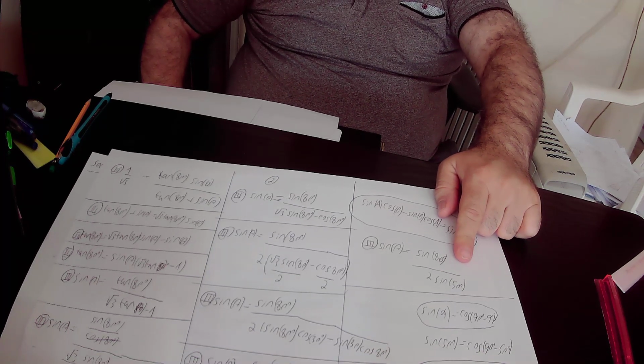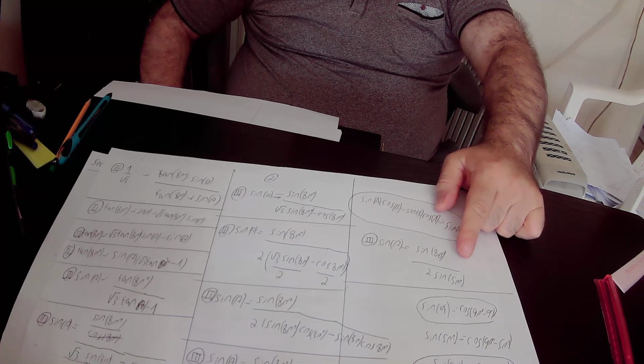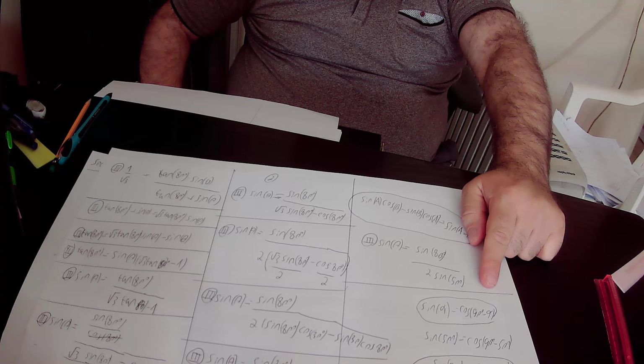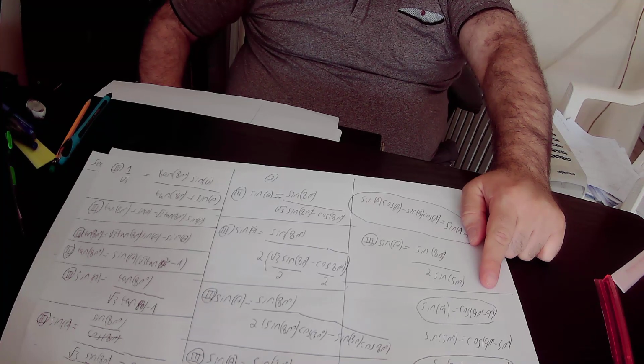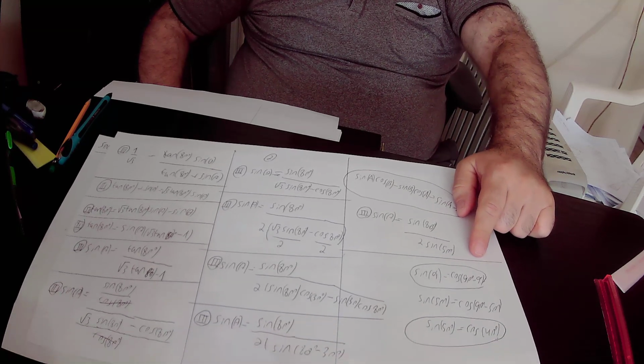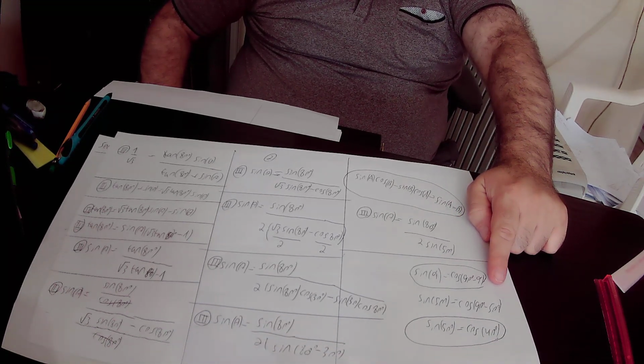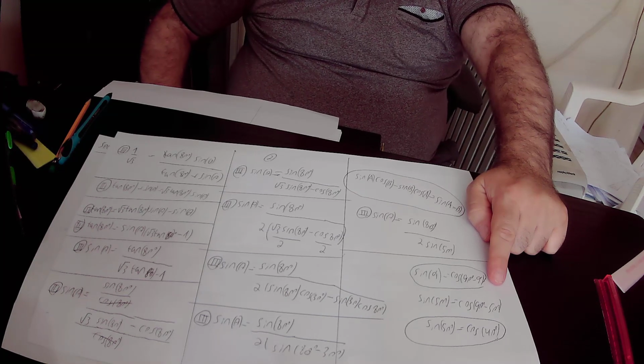Then we use the trigonometric identity that states that sine alpha equals cosine 90 degrees minus alpha. So according to this trigonometric identity, we will get that the value of sine 50 degrees must be equal to cosine 90 degrees minus 50 degrees. 90 degrees minus 50 degrees is 40 degrees.